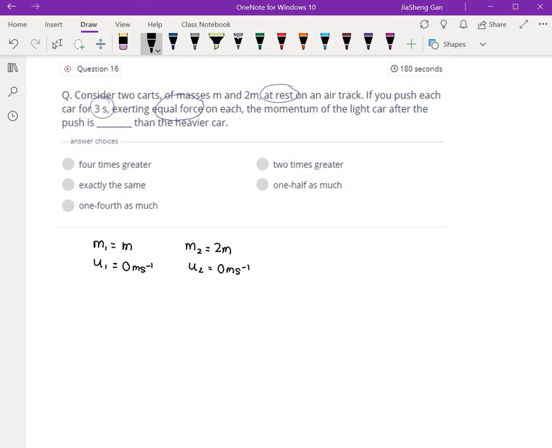If you push each car for 3 seconds, meaning you push the first car for 3 seconds, and you push the second car for 3 seconds as well, then your force 1 is equal to force 2, because they say equal force on each.